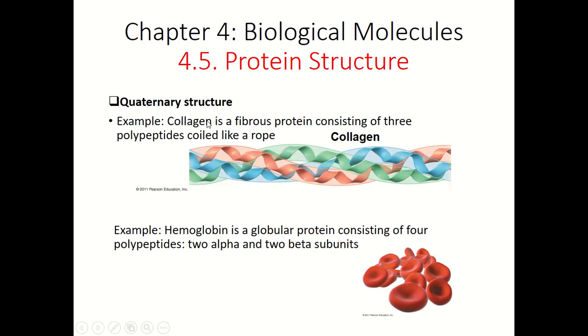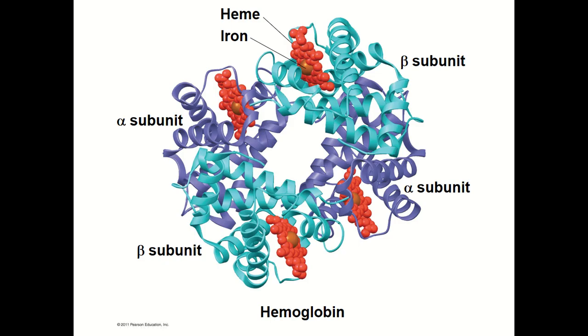So examples of proteins that have a quaternary structure are collagen, which you can find in your skin, and also hemoglobin, which you can find in your red blood cells. Okay, this is the picture of hemoglobin.